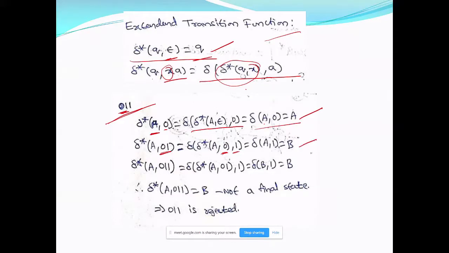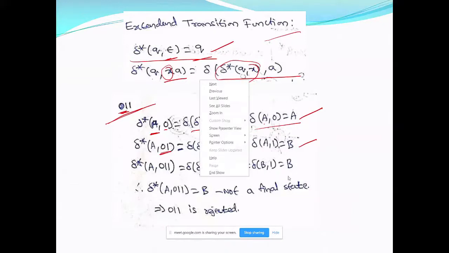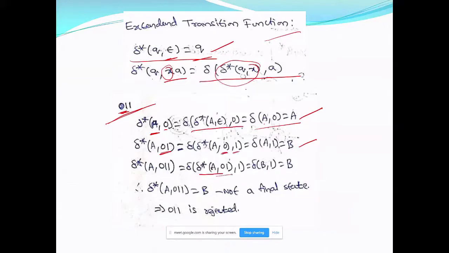You can see the transition table. Next I take A comma 0 1 1, written as A comma 0 1 and 1. This is calculated in the previous step. B on 1 is B. Now B is a non-final state, so the input string is rejected, or not accepted.